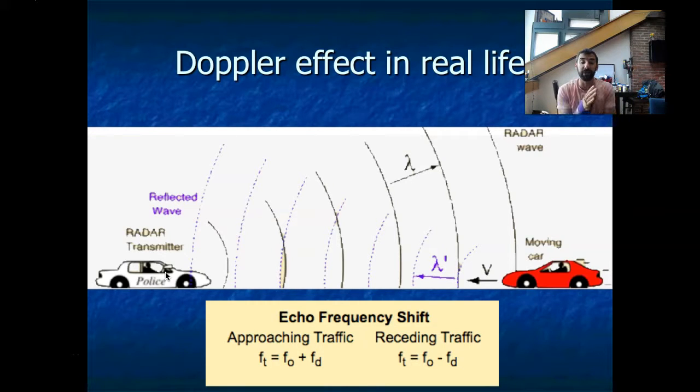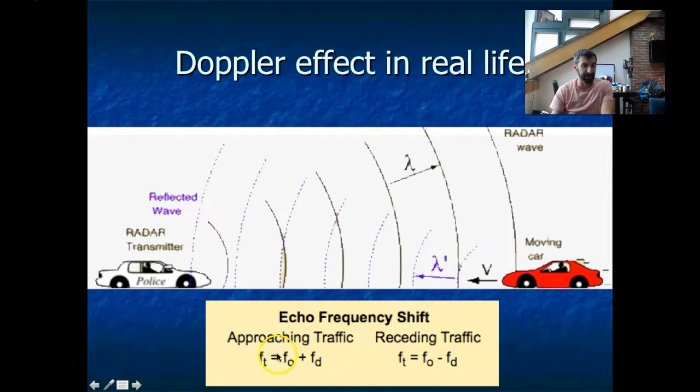It knows the frequency and or the wavelength of the waves going out. The waves bounce off the car and come back, and then the radar detector does all of the internal programming, figuring out how fast those waves are coming back, or more specifically, what the new observed wavelength and the new observed frequency are, and we can tell if you're speeding.